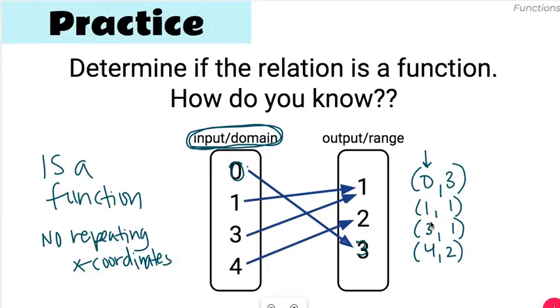For there to be no repeating x coordinates, you're going to have one arrow coming from each of my inputs or my domains. Just one arrow. If you have 2 arrows, that means you're going to have duplicates. Here's what I mean. We're going to look at the next one. So finish this and then we'll move on.